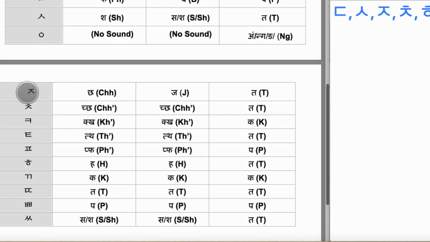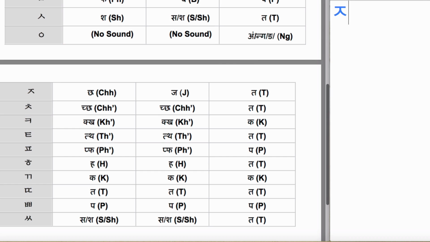Okay, anyway, let's look at ng. We know that ng has no sound when it appears in the beginning or in the middle. Only when it appears in the Pachim it is pronounced as ng. Okay, the next letter that we have is chiat.